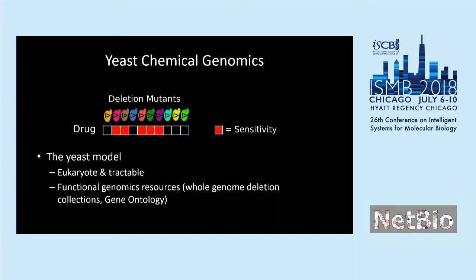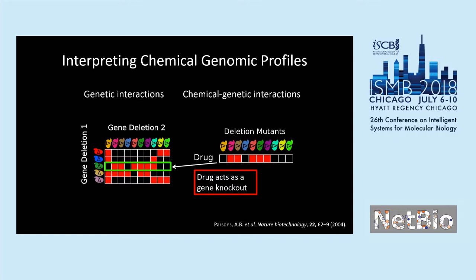The identity of these mutants themselves gives us information, but also the nature of this profile being a fingerprint allows us, if we have the right set of profiles, the correct compendium of profiles, to actually interpret across the genome.